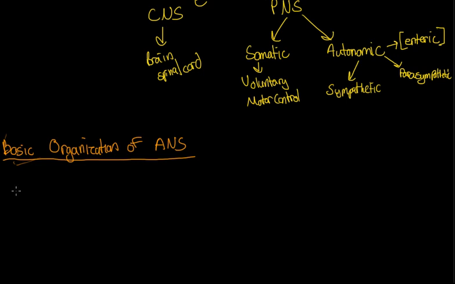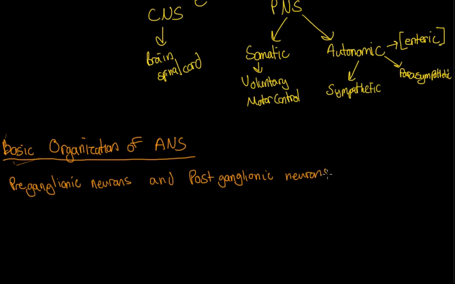For the autonomic nervous system, we're going to have preganglionic neurons and postganglionic neurons. So two neurons.